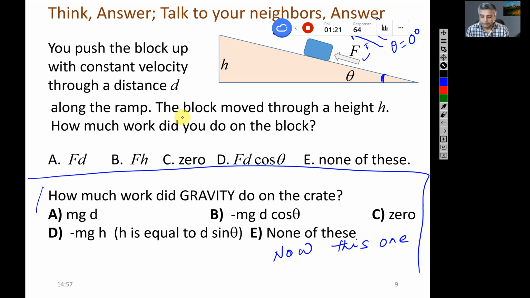I just noticed on the chat there is this question: I thought there was no work with constant velocity. It was for the previous part of this slide. That's a very good question. Does anybody have any response on that?